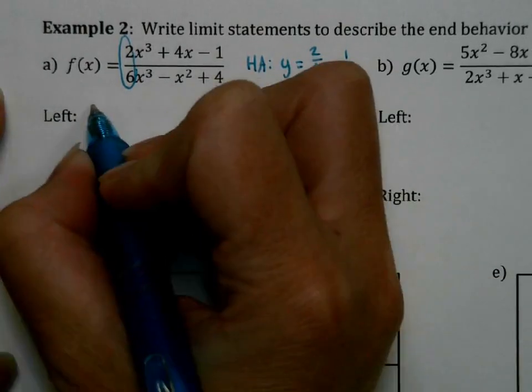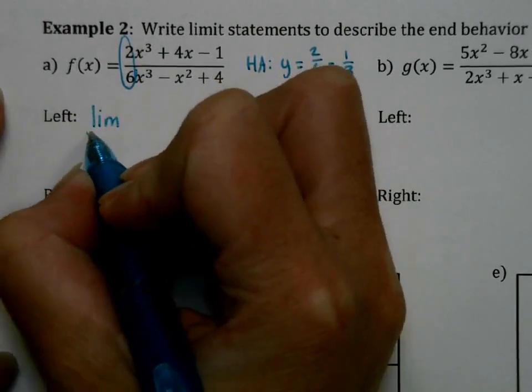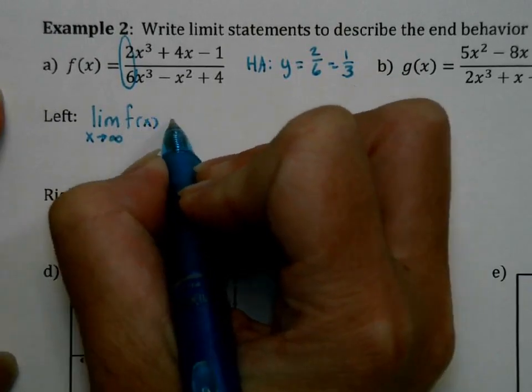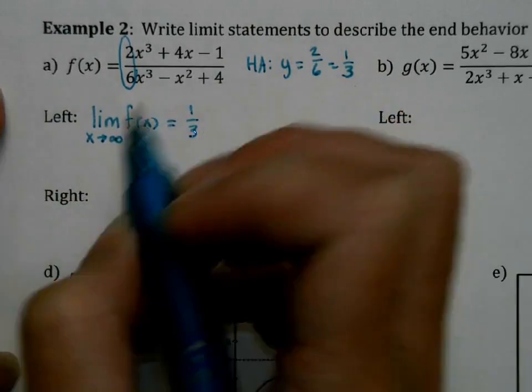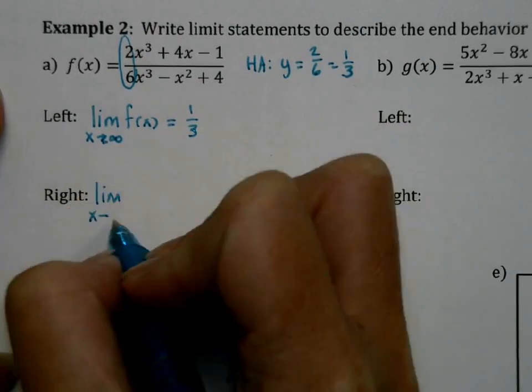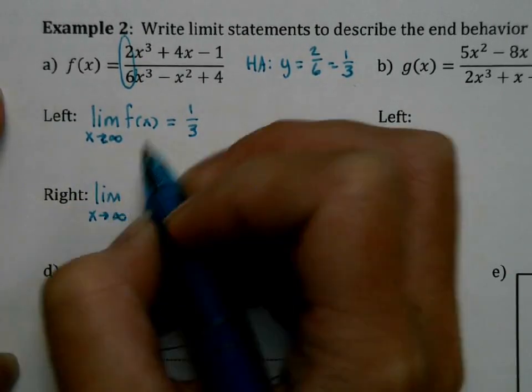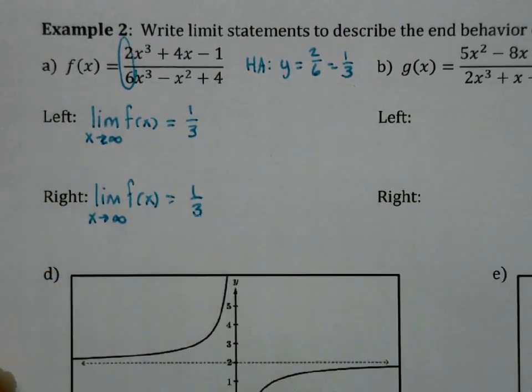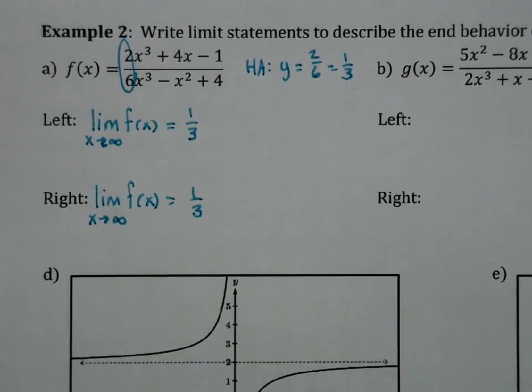So we say our limit statement: the limit as x goes to negative infinity of f of x is going to be 1/3. And the limit as x goes to, sorry, this should have been negative infinity, goes to positive infinity of f of x is also 1/3. For these, the behavior will be the same if it's approaching a horizontal asymptote.